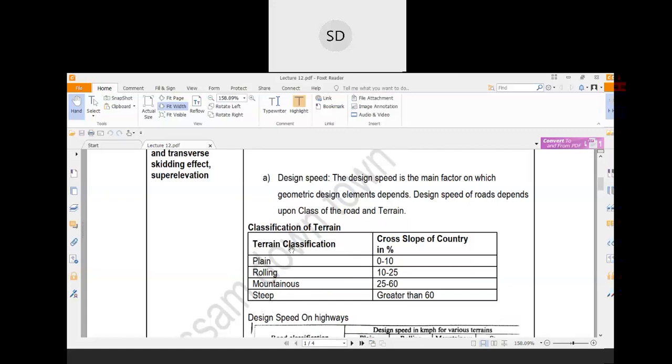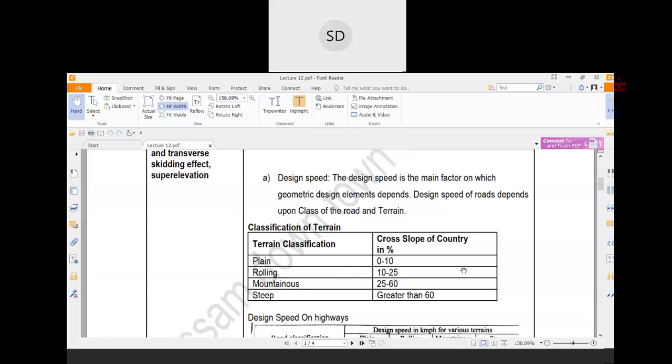Now, this classification of the terrain is conducted based on the cross slope of the country. Cross slope of the country means, if you cross-section a particular area, suppose your state, say Assam, you find the average elevation in each horizontal movement.